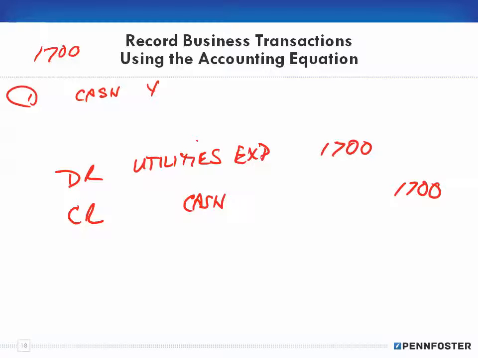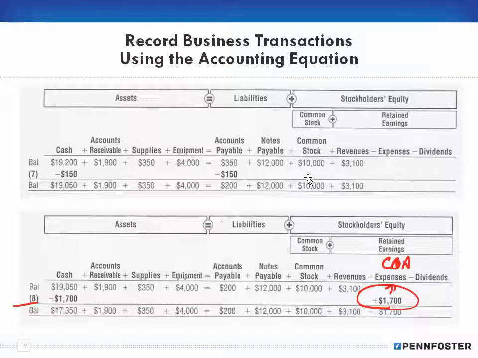So I have to choose one of my expense accounts, and I look at my chart of accounts under expenses, and I choose one of those expense accounts that most appropriately fits, and I make the journal entry for 1700. Okay, so in this case here, we're debiting the expense account for 1700 and we're crediting cash for 1700.